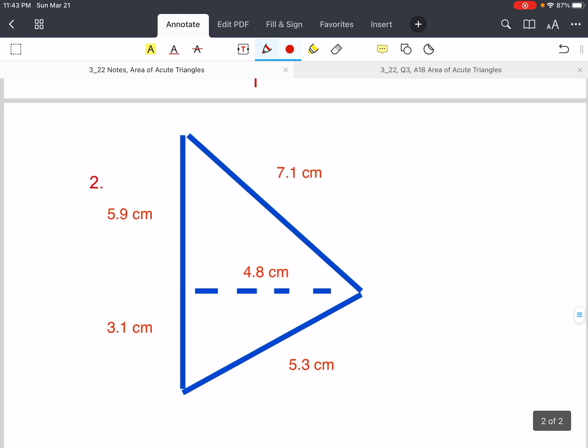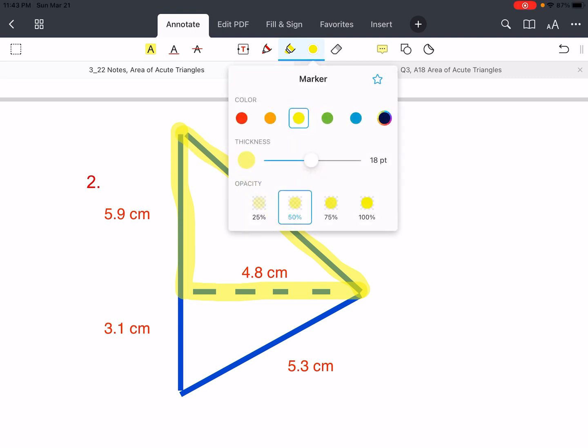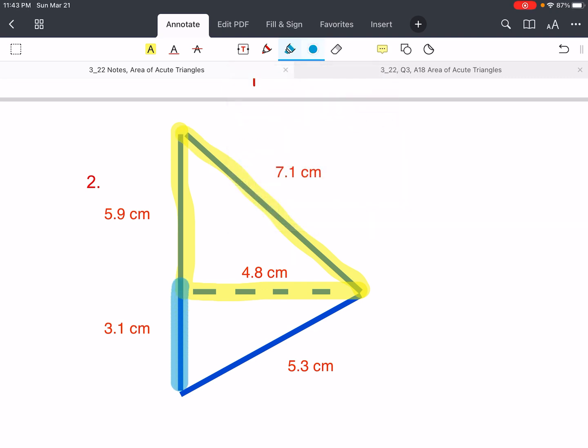All right, so this triangle here, it's also an acute triangle. We can split it again into two different triangles. So we have our height here of 4.8 centimeters, and then we could split this here.